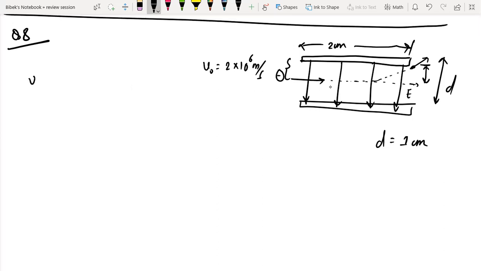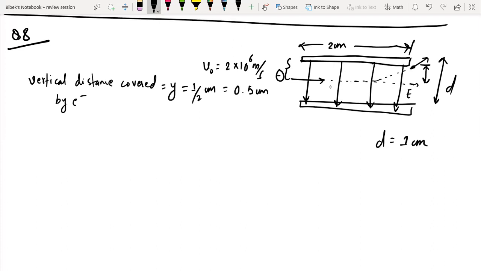So the vertical distance covered here, let's call it y, is 1/2 centimeter, that is 0.5 centimeter, by the electron. Okay, so now you use the kinematics.